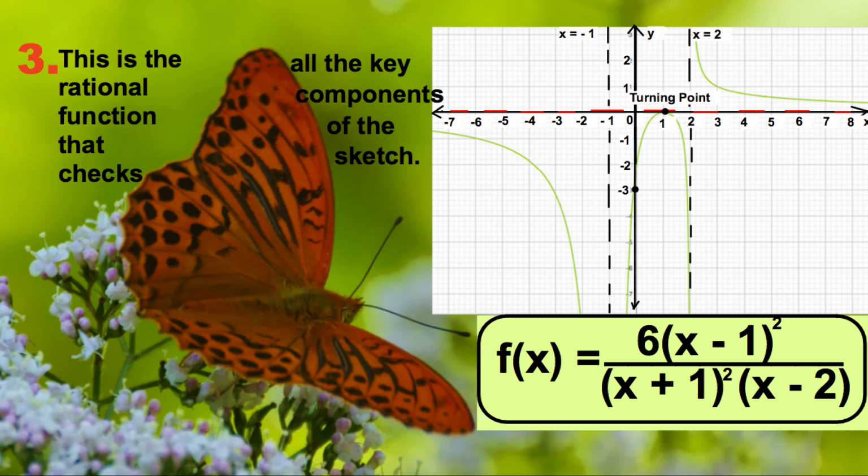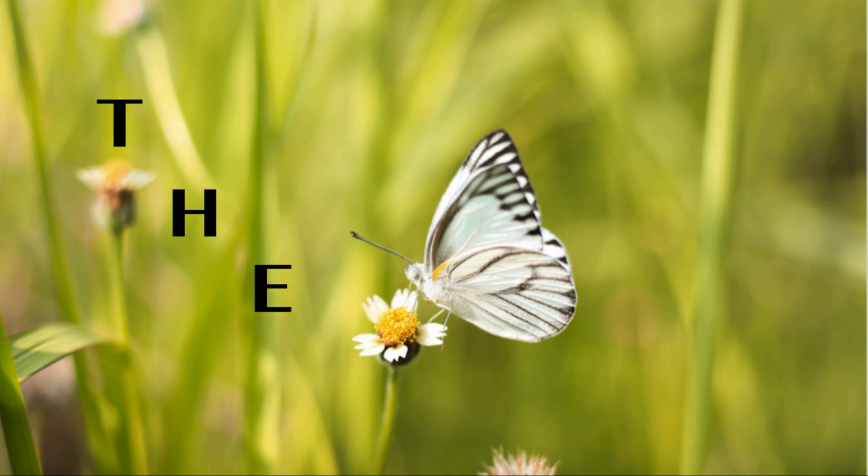This is the rational function that checks all the key components of the sketch. F of x equals 6 times the quantity x minus 1 everything squared, everything over the quantity x plus 1 everything squared, times the quantity x minus 2. The end.